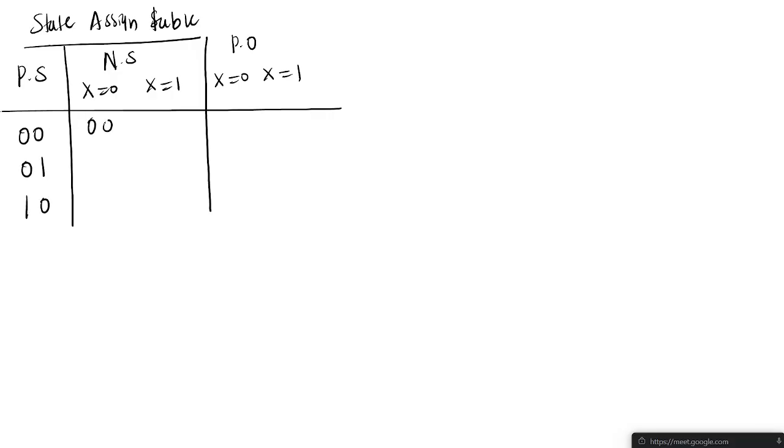So this is 00. Okay. This is 01 and this is 10 and 01. Both are 0 0 only. Here all are 0 only. Here last output you will get 1. Okay. And next by seeing this you need to draw the detailed state assignment table.